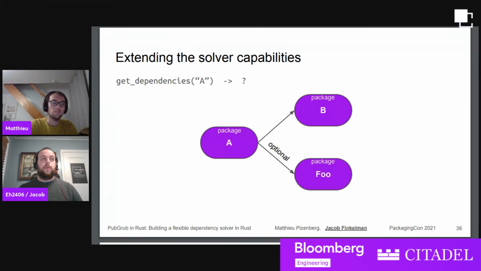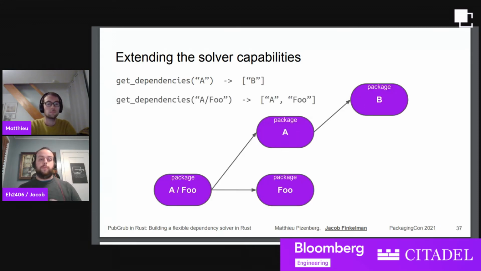If we have a package A that always depends on B, but only depends on foo if the optional foo flag gets passed, we can represent that to PubGrub as a package A that always depends on B and a package A with foo that depends on foo and A. This is a way for PubGrub to have the same semantics that our larger solver has while maintaining the great error messages and other features.